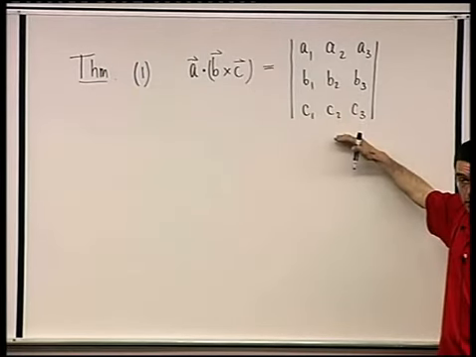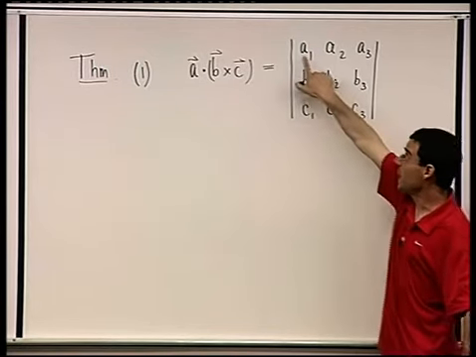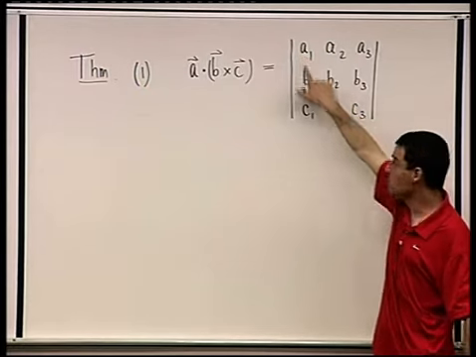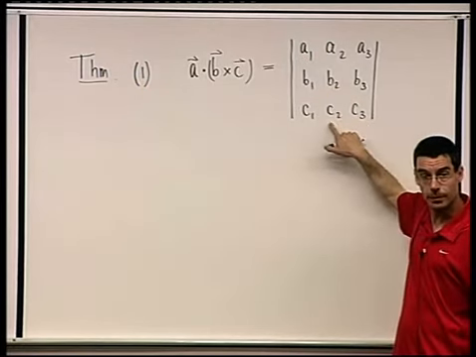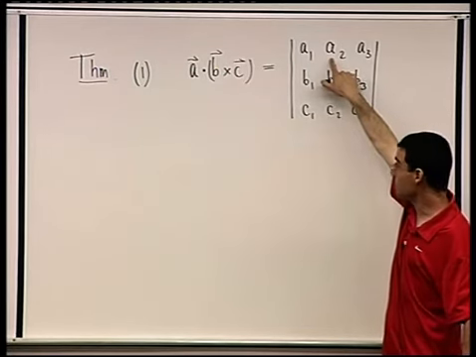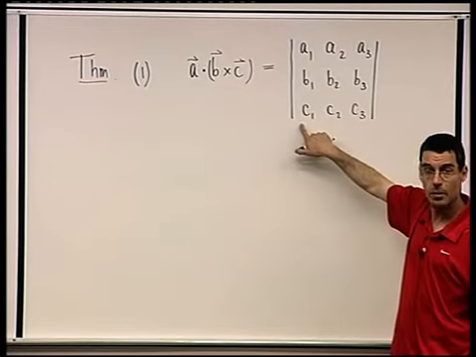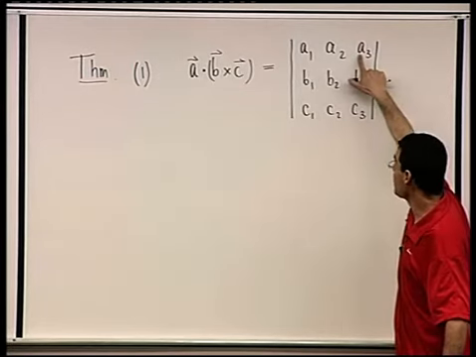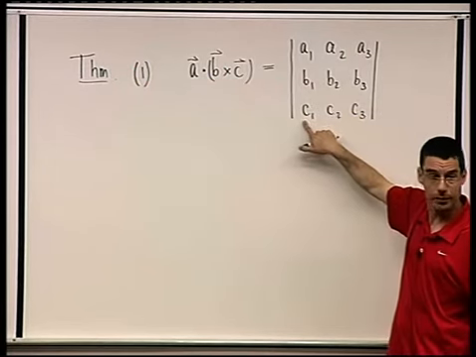What do you get over here? Look up here for a second. I'm just going to show you. So it's A1 times B2C3 minus B3C2 minus A2 times B1C3 minus B3C1 plus A3 times B1C2 minus B2C1.